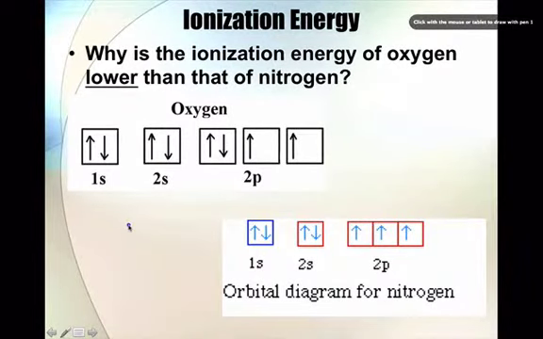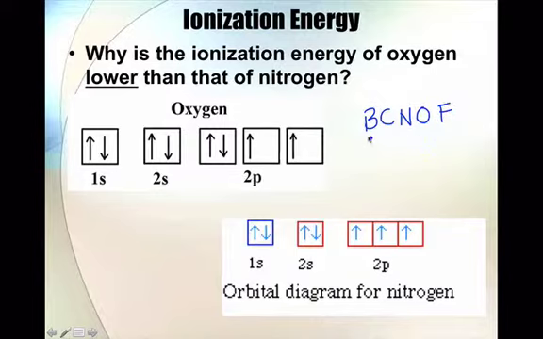There's also some other questions that we can ask that relate to ionization energy. It says, why is the ionization energy of oxygen lower than that of nitrogen? What I have here are the 2 orbital box diagrams for oxygen and for nitrogen. And if we look at these, you would think because oxygen is farther to the right of the row, because it goes boron, carbon, nitrogen, oxygen, fluorine, with the general trend, oxygen should have a higher ionization energy than nitrogen, but in fact it doesn't.